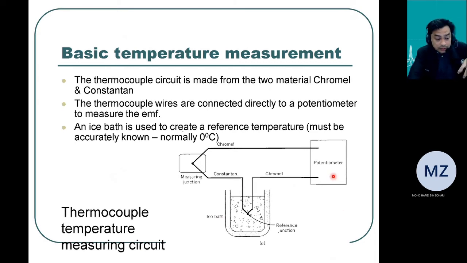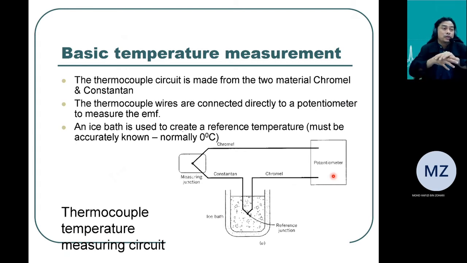So the reference junction we put into the reference temperature, which, if you still remember, I mentioned in the earliest part of our lectures about temperature measurement. We have a fixed point. So for now we have 0 degrees. It's easy to get 0 degrees: you put it in an ice bath.